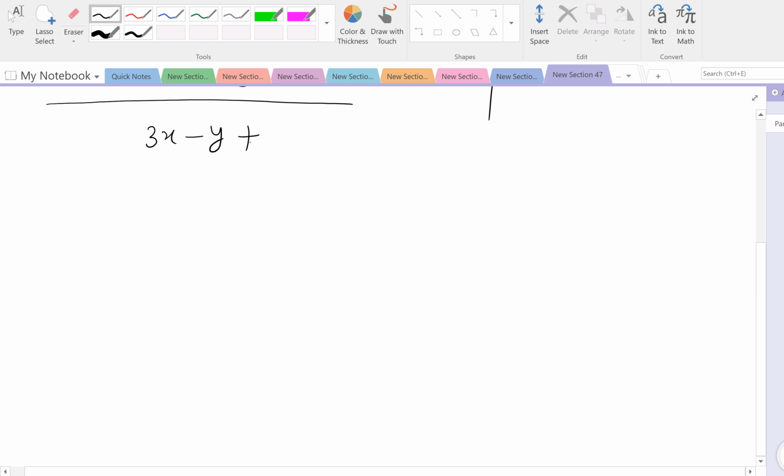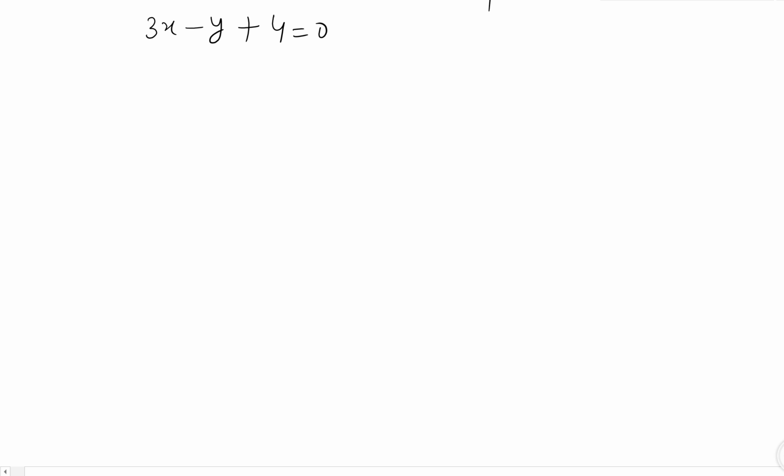Now, this equation, if you look at it, it doesn't look like y equals mx plus b, right? It doesn't look like that.